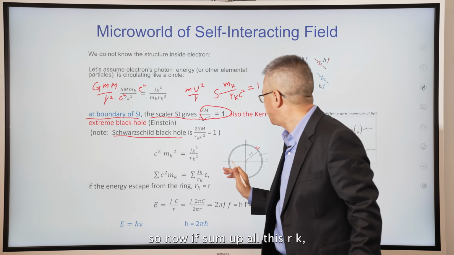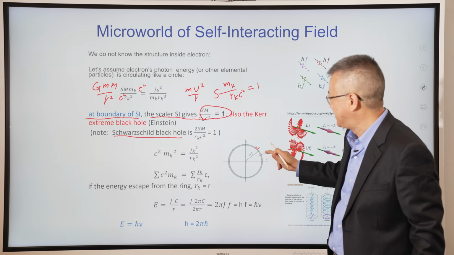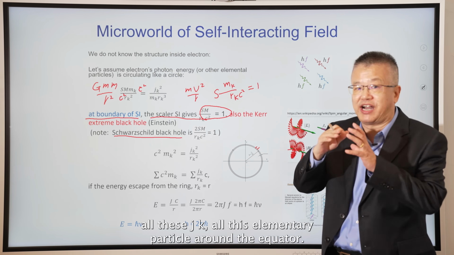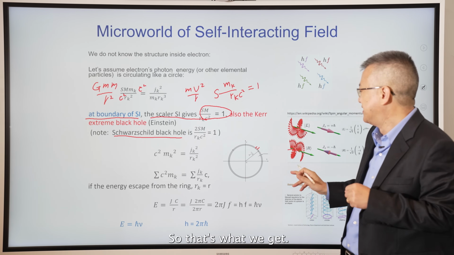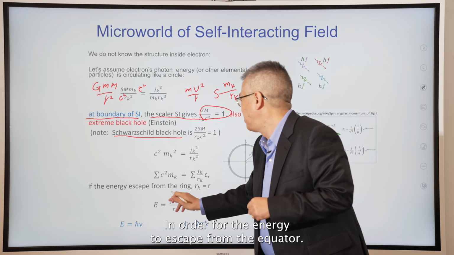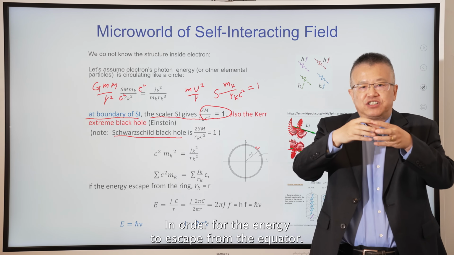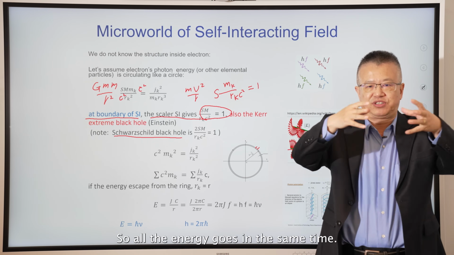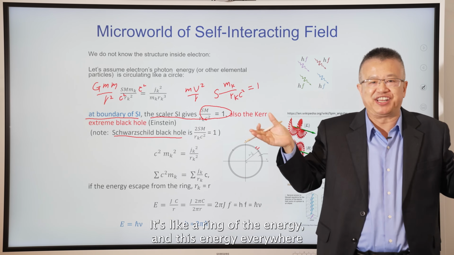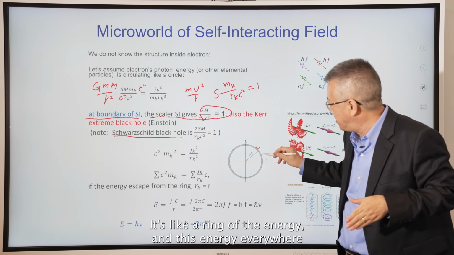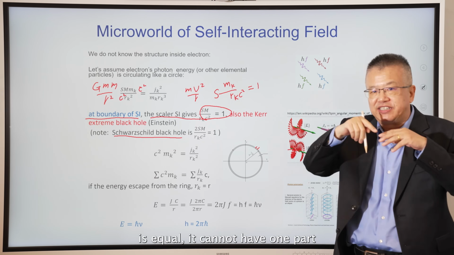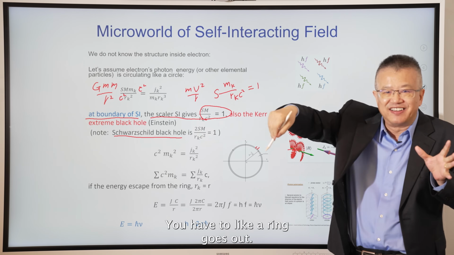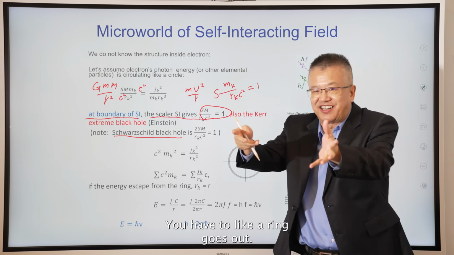Now if we sum all these r_k's, all these elementary particles around the equator, that's what we get. In order for the energy to escape from the equator, all the energy goes at the same time. It's like a ring of energy, everywhere they are equal. You cannot have one part that goes away. It has to go like a ring, goes out.